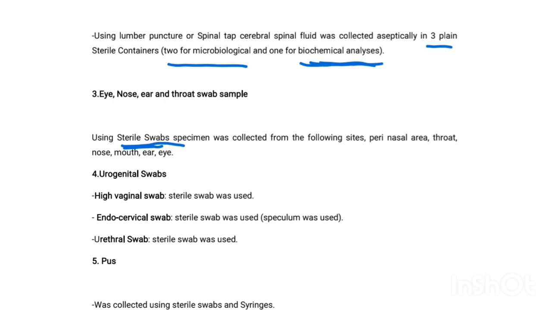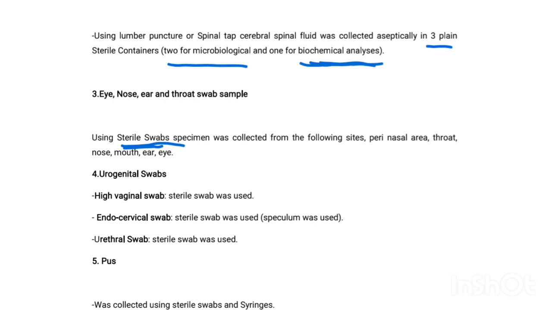When collecting, after using it, we put it in that container, of which I'm going to show you each type at the end of this video. Urogenital swabs: it's from the vaginal swab.